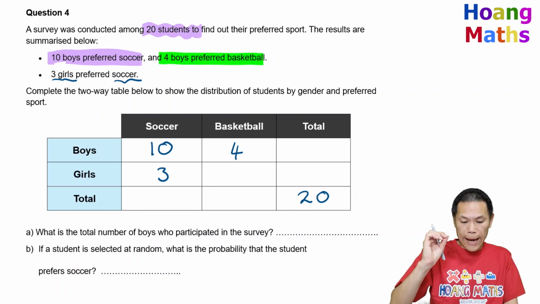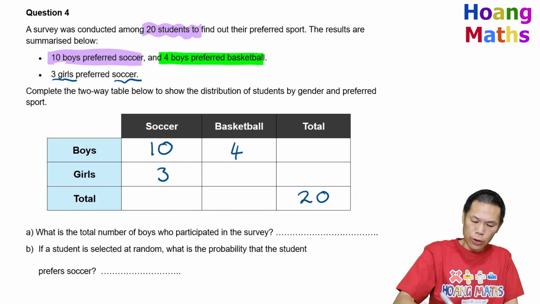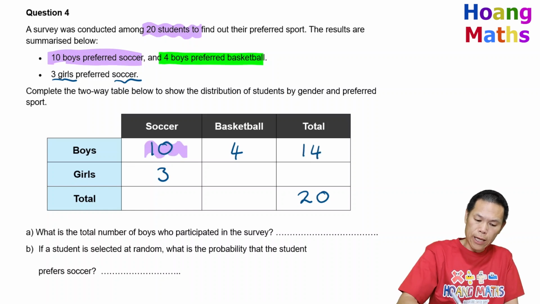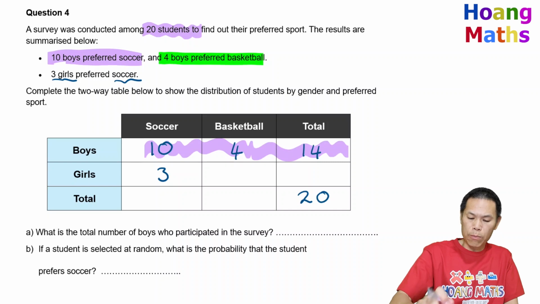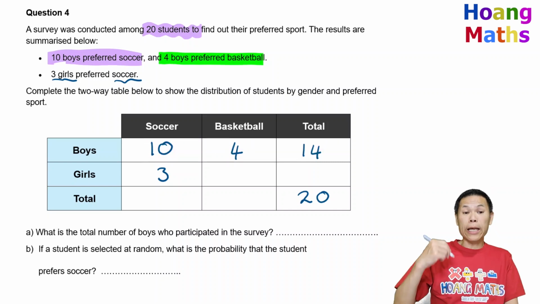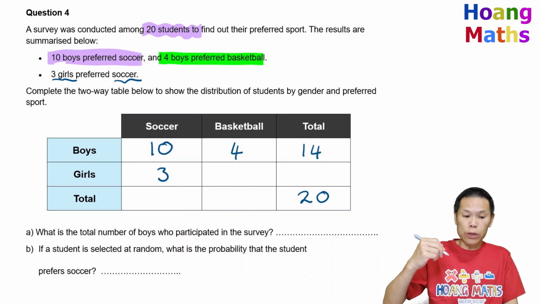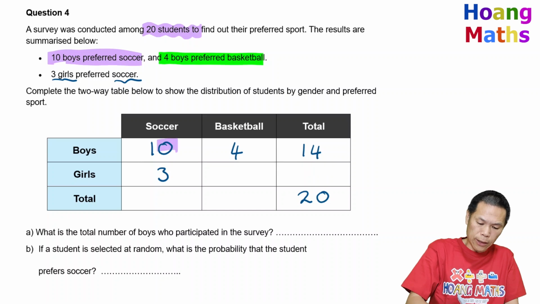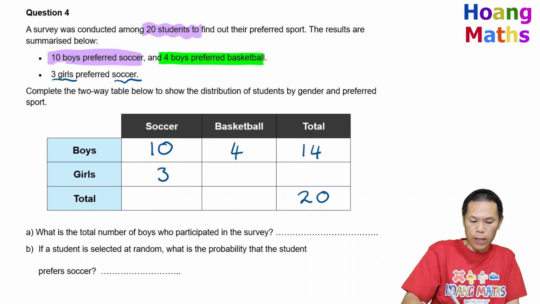So we just go 10 plus 4, so that gives us 14. So we just go 10 here, add 4 will give us the total number of boys. Then I can work out the number of students who prefer soccer. So this one added up will give us the total number of students who prefer soccer. So that means 10 plus 3 is 13.